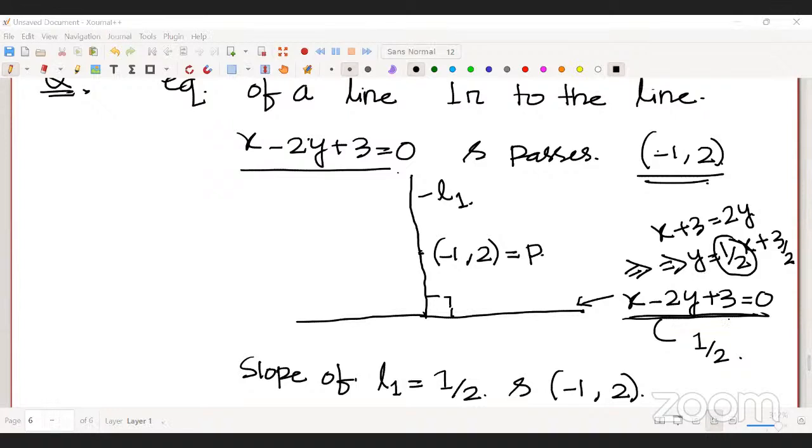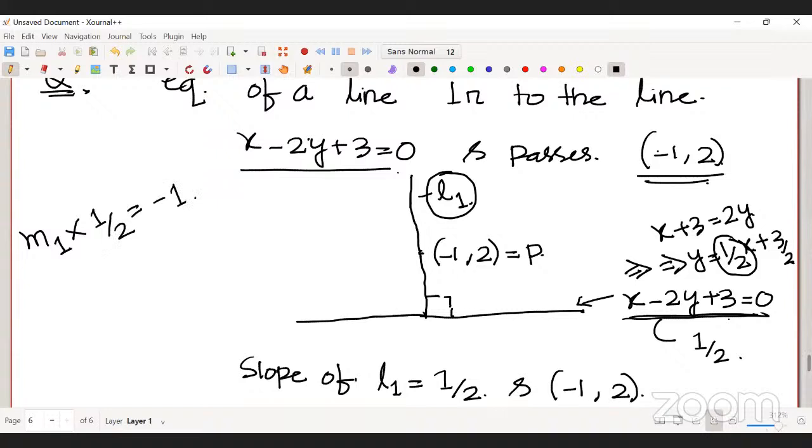So the slope of L1, which is M1, times the slope of this line, half, is minus 1.